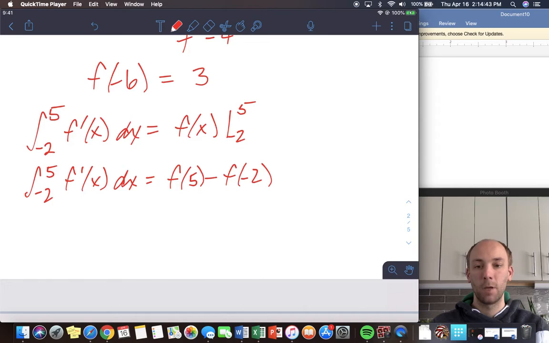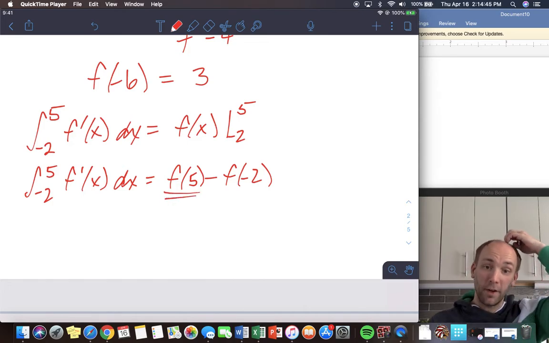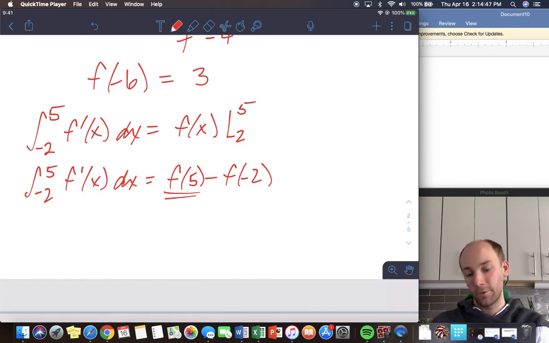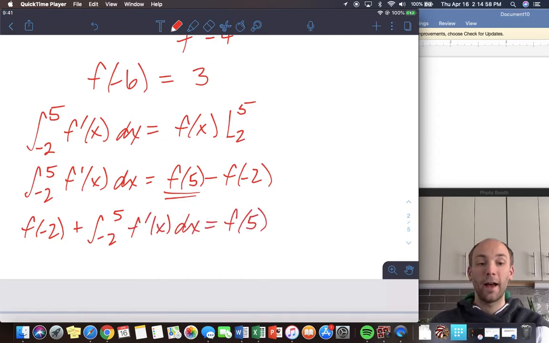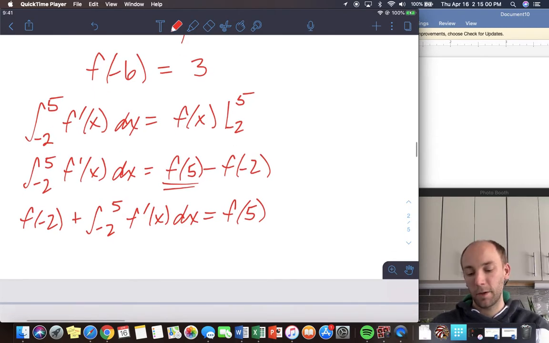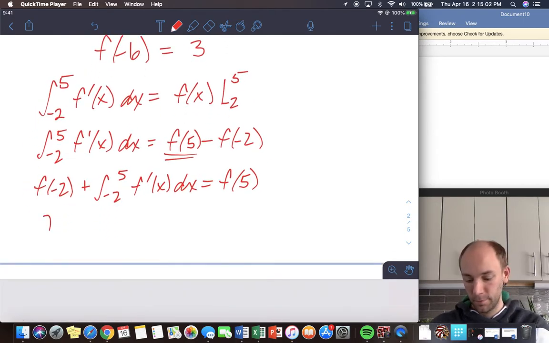And we're trying to solve this for f of 5. So I'm just going to add over that f of -2. F of -2, like we already talked about, was 7. And I'm going to add on the area under the curve of f prime from -2 to 5.